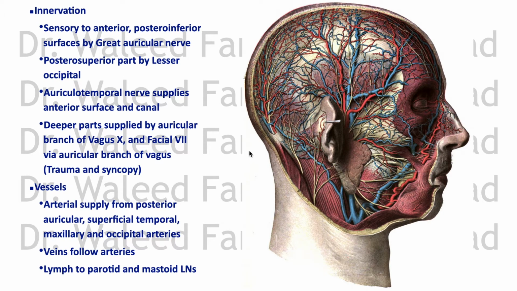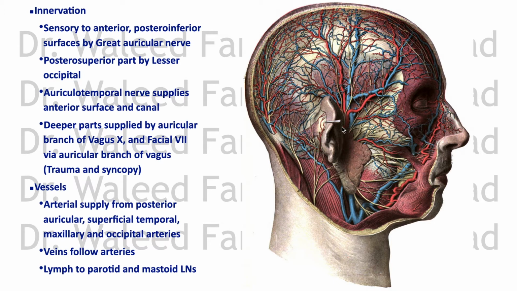The innervation of the auricle is important, and it's a good subject for multiple choice questions. Now, the outer surface is the anterior surface, and this one is the posterior surface, the cranial surface, the one that faces the skull. The anterior surface from the front is supplied by the auriculotemporal nerve, which you can see branches here.